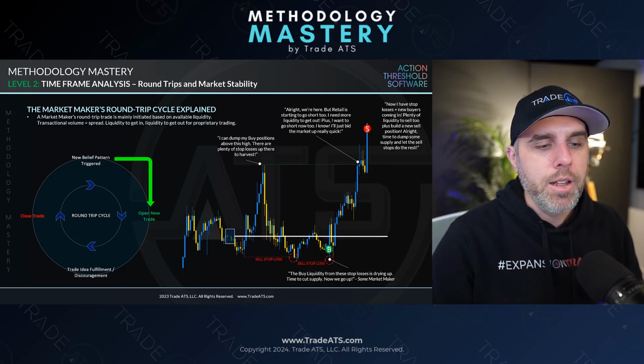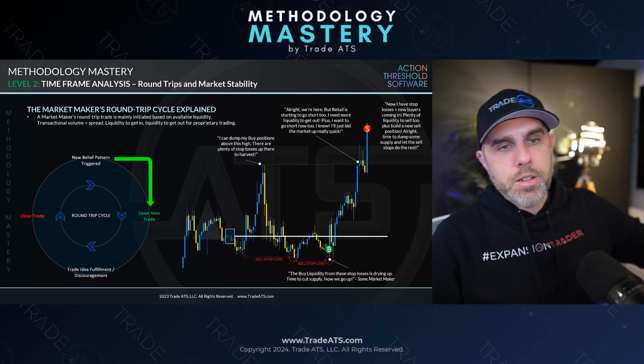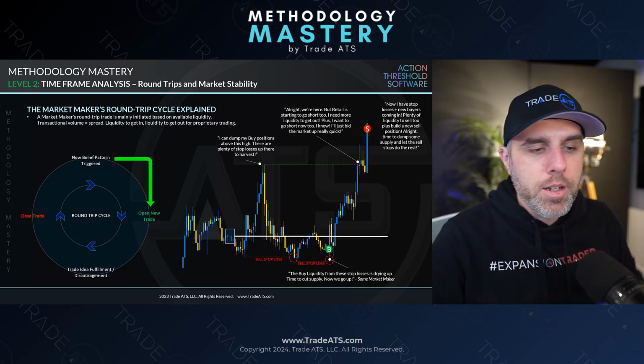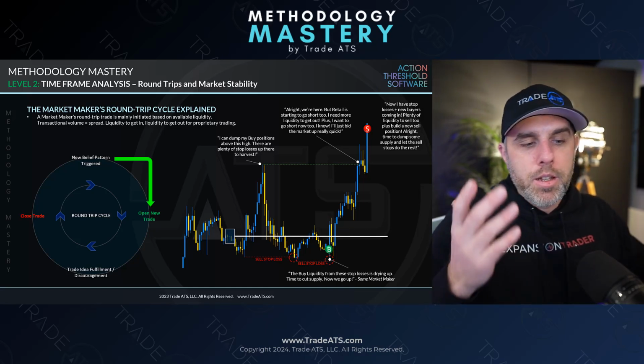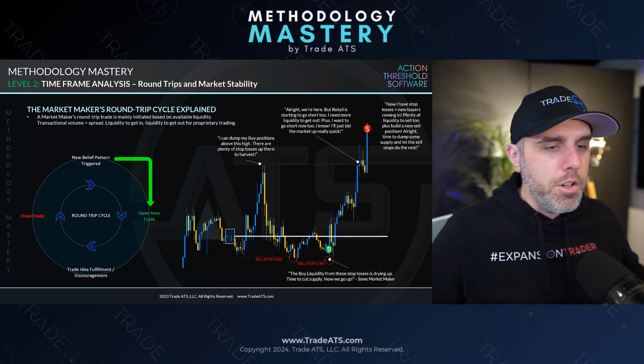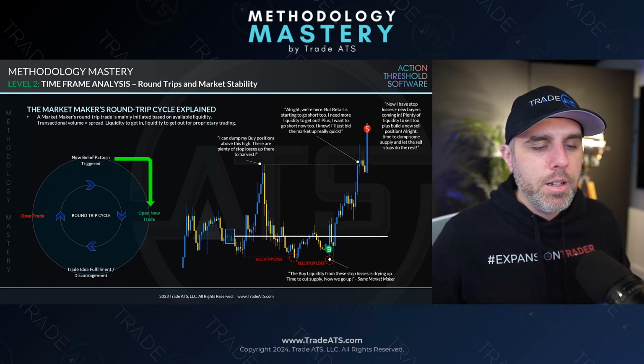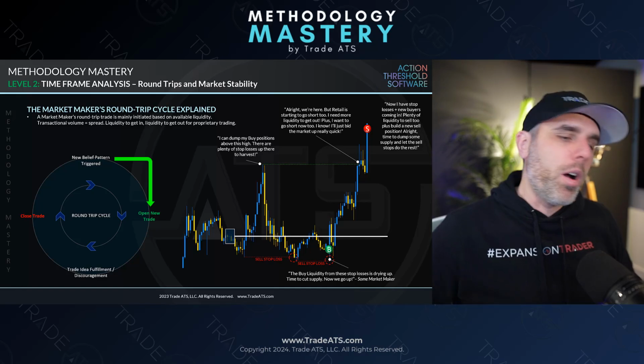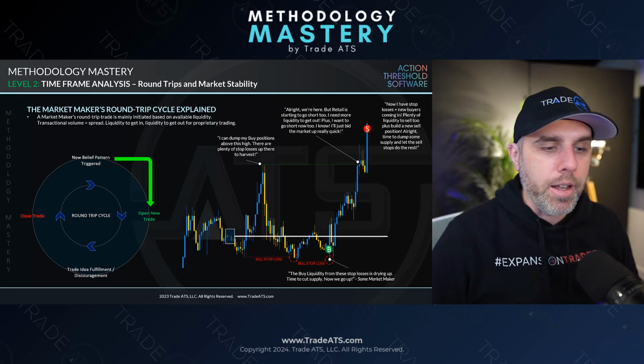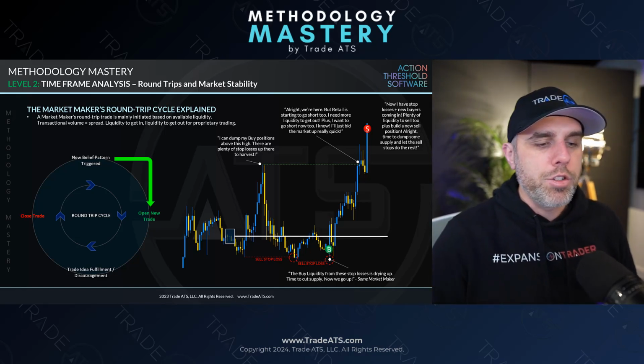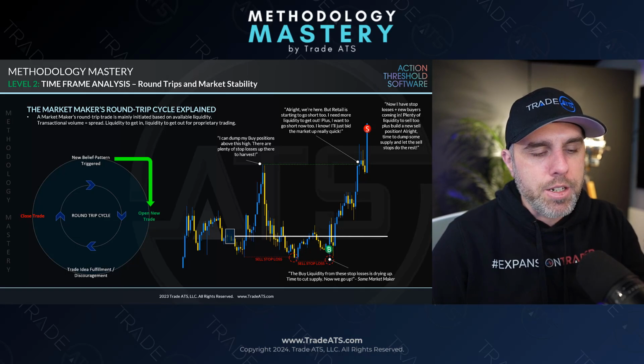Totally artificially. What that does, all in one fell swoop, is anyone that was starting to short gets stopped out. Retail traders that don't know what they're looking at think, I was wrong. This thing is going to the moon again. They get in long. So now we have short stops getting activated, which are buy orders.